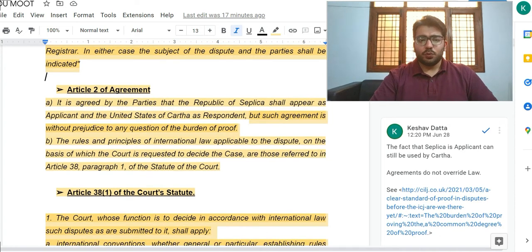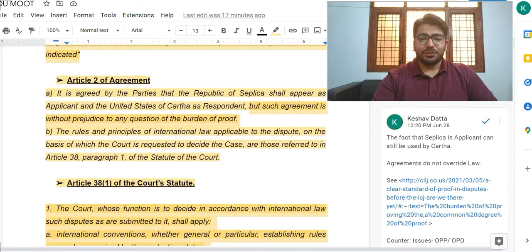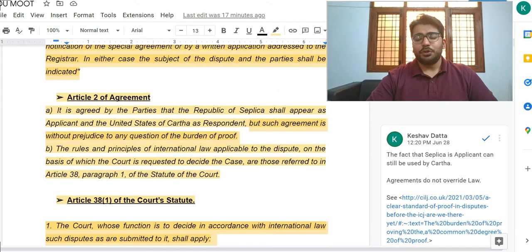However, I'll tell you one small thing that you can at least try before the judges: what the respondent, that is Kartha, can use in its favor is that he can say that I am the respondent.